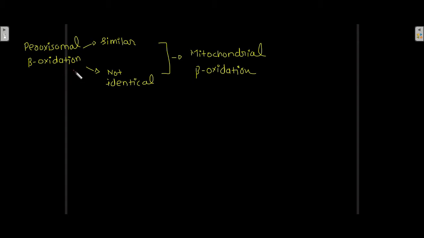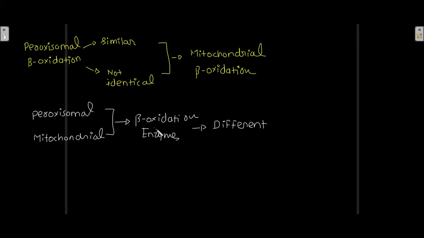It is similar, but not identical. So the beta oxidation enzymes involved in peroxisomes and mitochondria are different.